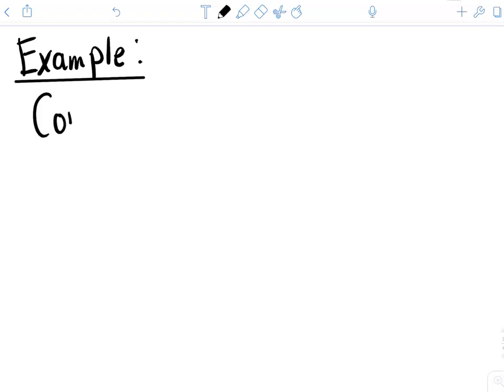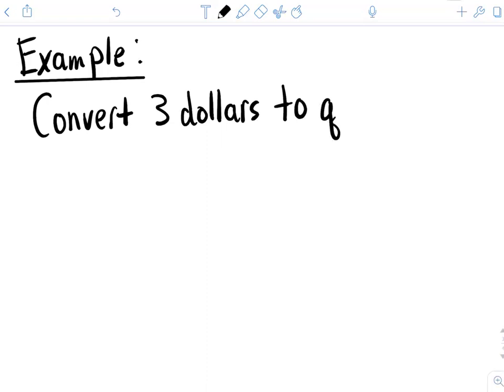So let's look at our first example. And this is going to be more of a practical example of something that we may encounter in our everyday lives. So we need to convert $3 to quarters. So we start with our given.